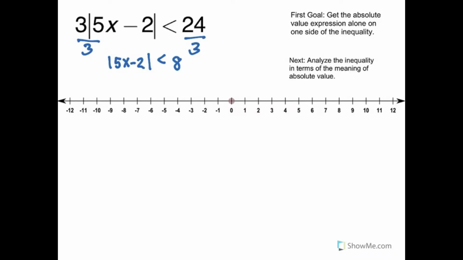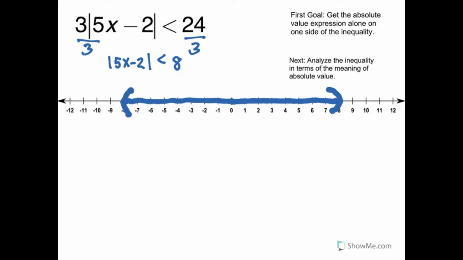Remember that one meaning of absolute value is the distance from 0 on the number line, regardless of sign. So if the absolute value of an expression is less than 8, it's less than 8 units away from 0 on the number line, either to the right or to the left.